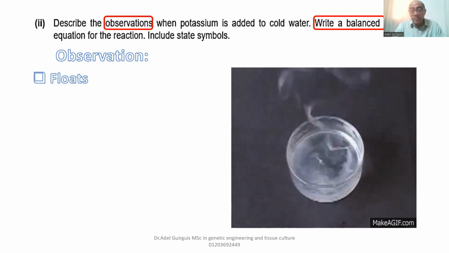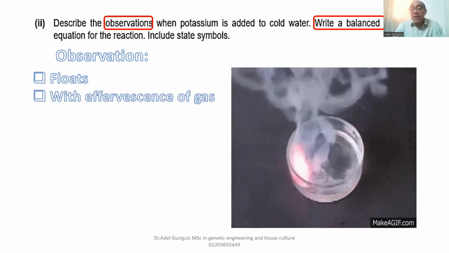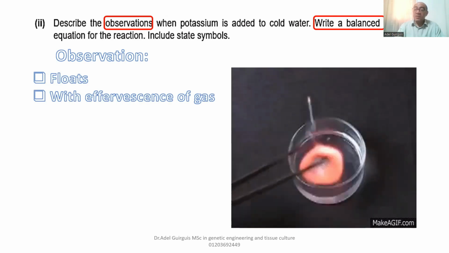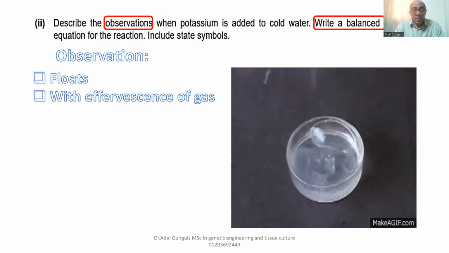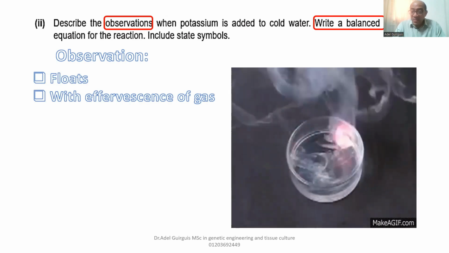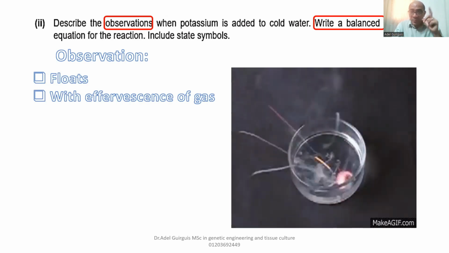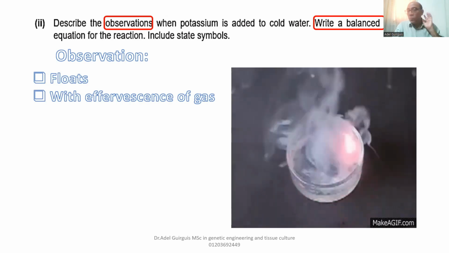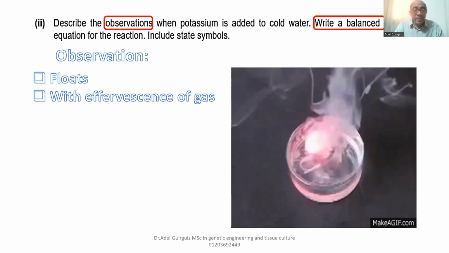Okay, floats, not sink. With effervescence of gas, a lot of gas is formed and released. Don't mention that this gas is hydrogen. Observation depends on what you see, what you hear, what you feel, and what you smell.